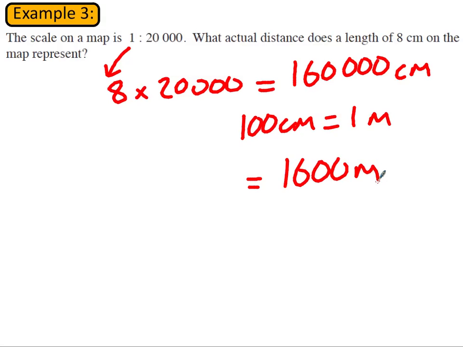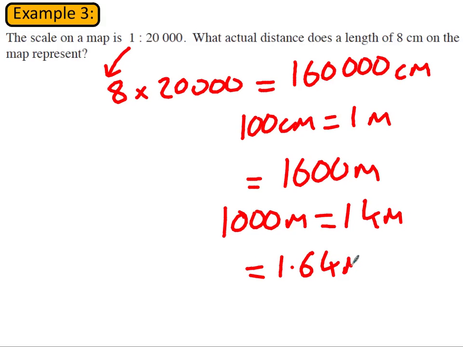We can carry on even further though, because we also know that there are 1,000 metres in 1 kilometre. So if I then divide by 1,000, I'm going to have 1.6 kilometres, and that's probably the best answer we can get. Okay, that should be all you need to complete the exercise. Good luck.